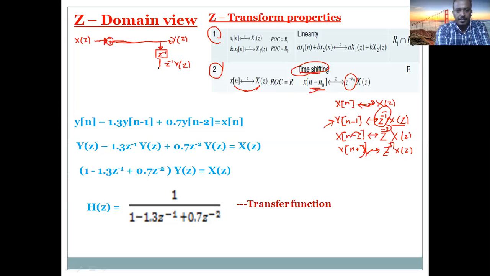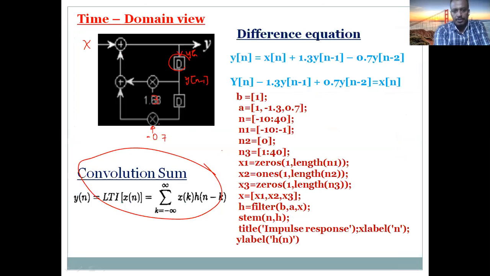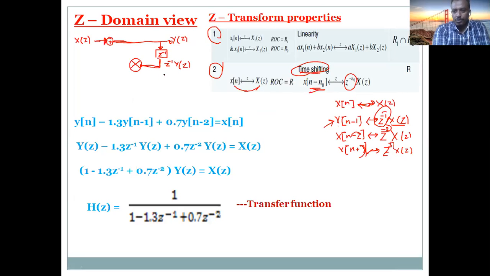Then this signal comes here multiplied by a constant. This is a multiplier, right? You see here in the time domain representation, multiplier. In Z domain also, multiplier. If you multiply in time domain, you multiply in Z domain. Multiplication, no change. This property is called what? Linearity. Look here: x1 of n is X1 of z.